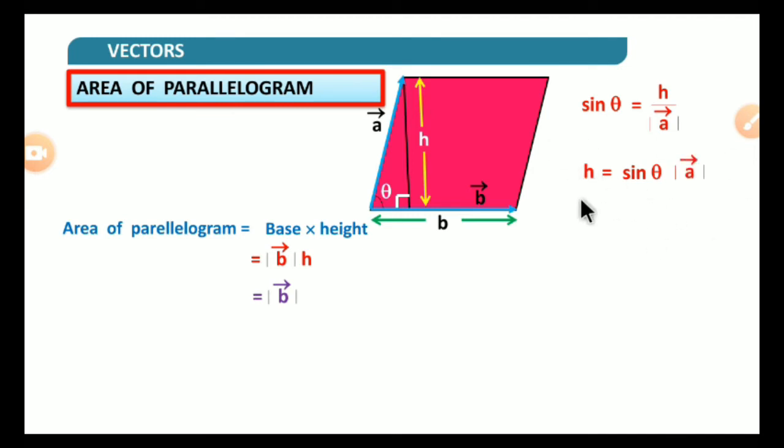Now we use this h in the formula, so the magnitude of B into h is the magnitude of A into sin theta.